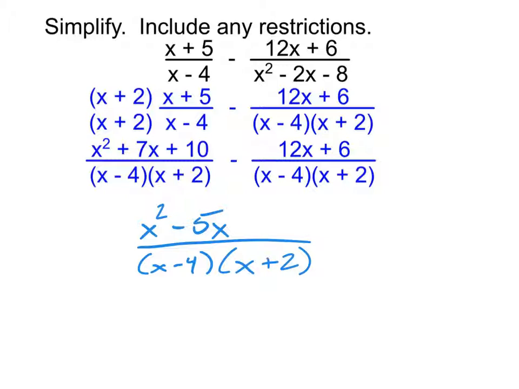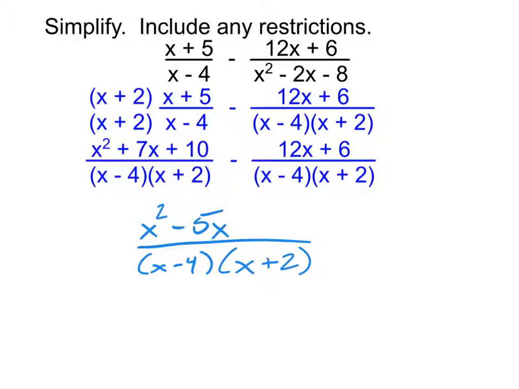All right, next up is the 10. Does the 10 have any like terms over here? Yes. The 6 is a like term. So we're going to go ahead and combine those. When we do that, what do those combine to give us? 4. And it's not 16. Because again, remember that we are subtracting everything there.